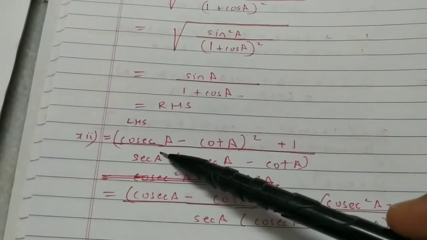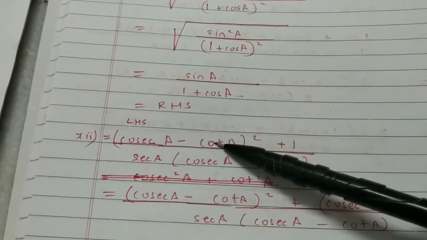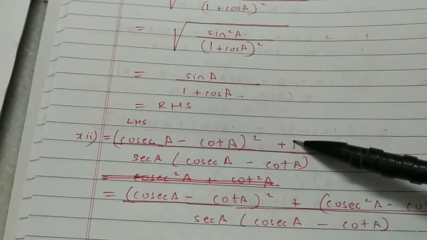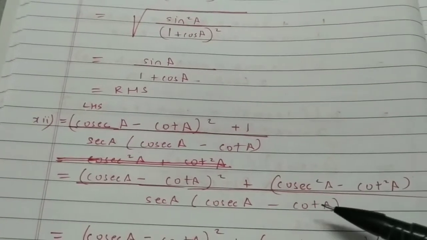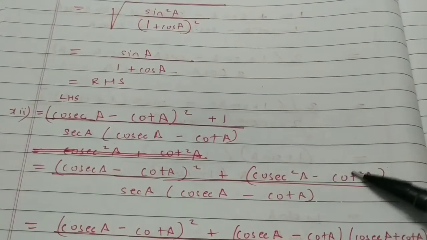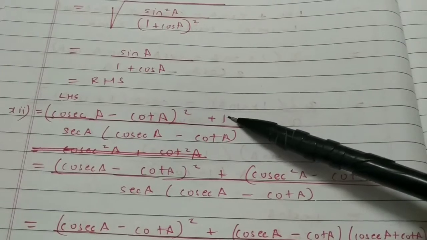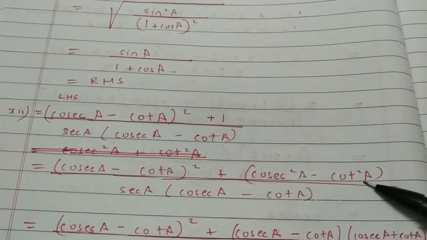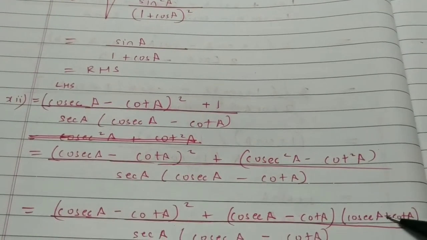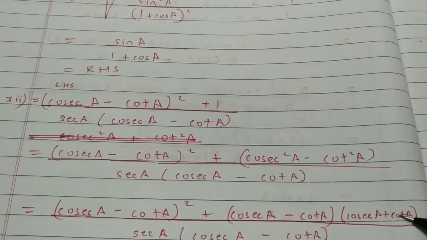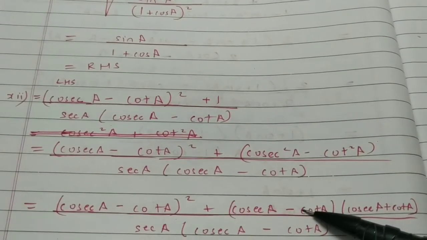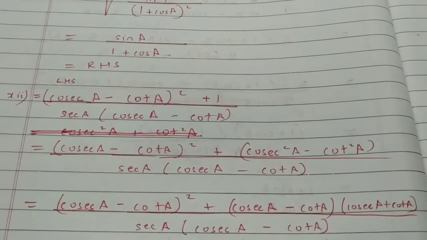The moment you saw cosec and cot, did any formula strike you? Well, that 1 can be written as cosec square A minus cot square A, right? Because cosec square A minus cot square A is 1. The reason why I'm doing this is because now this will become A minus B, A plus B. And I can see that the bracket is common in the numerator as well as in the denominator.